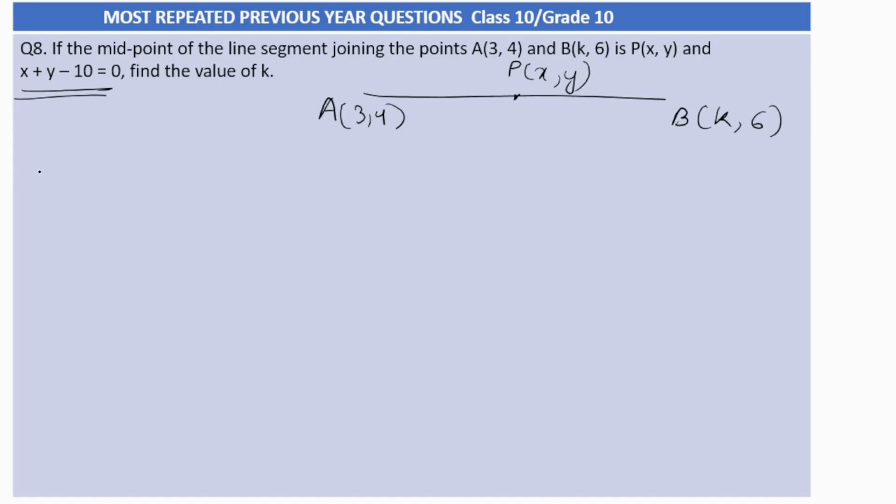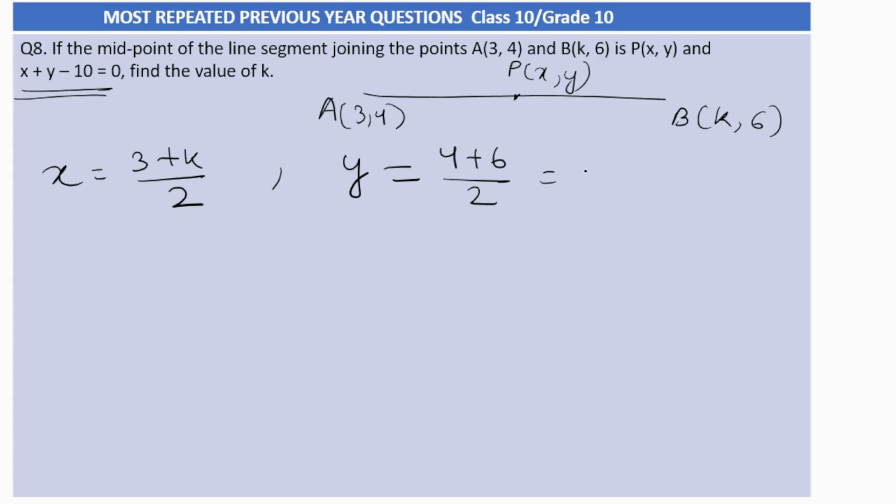For that, first let's use the section formula. X will be equal to (3 plus k) by 2, right? Similarly, the y coordinate of point P will be equal to (4 plus 6) by 2.